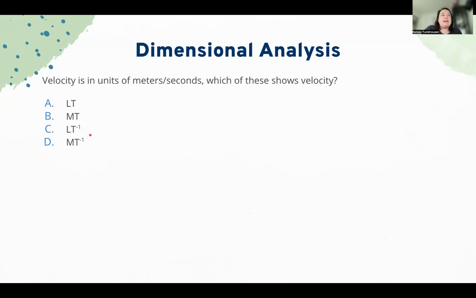Is it C, L times T to the -1? Or is it D, M times T to the -1? I'll give you a second here. Okay, the answer is C. It's L times T to the -1, or length divided by time. Okay?